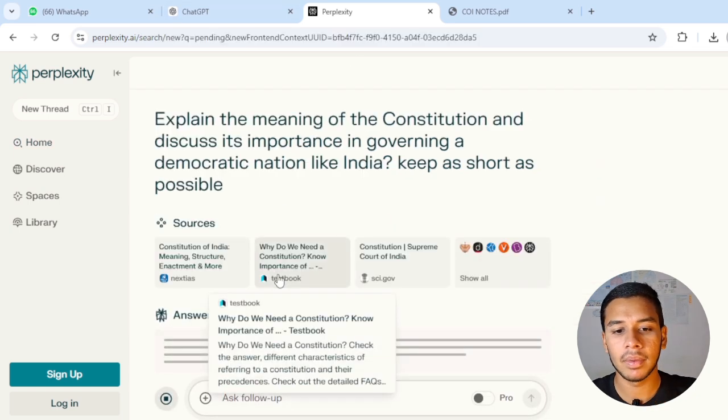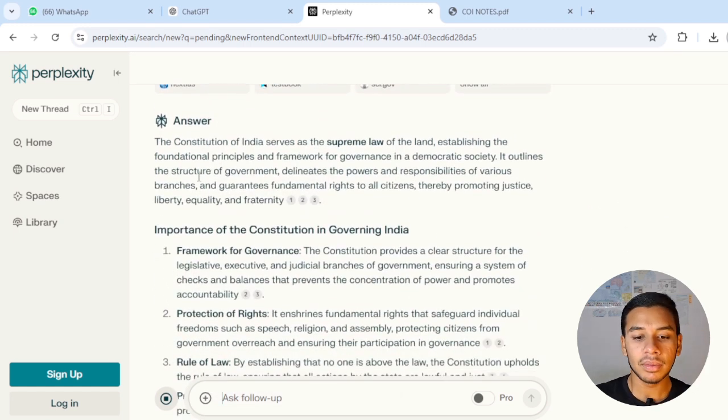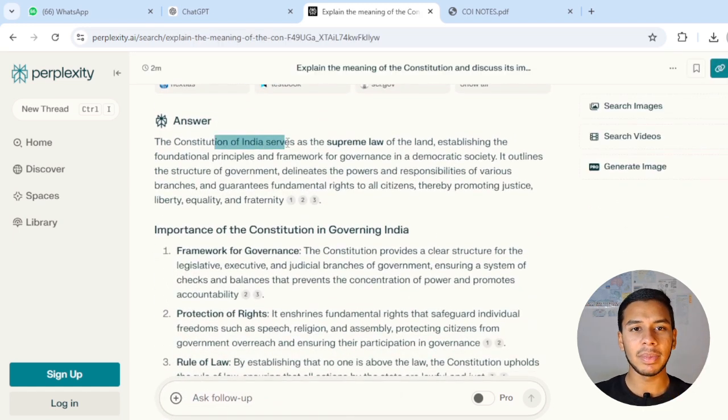So, explaining the meaning of Constitution. What is a Constitution? The Constitution of India serves as the supreme law of the land, establishing the foundational principles and framework for governance in a democratic society.